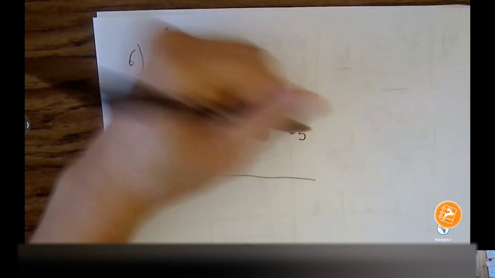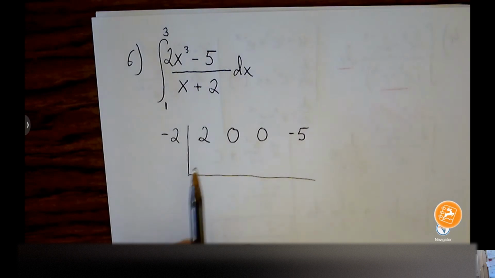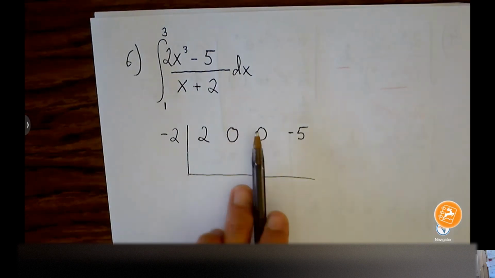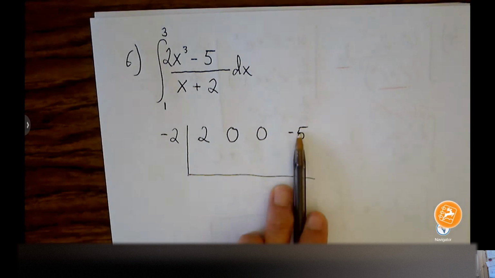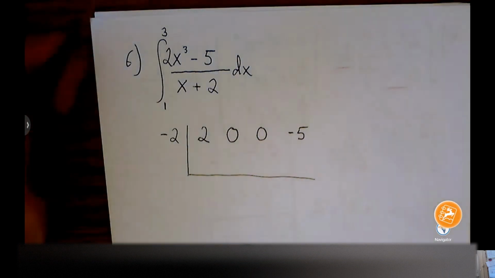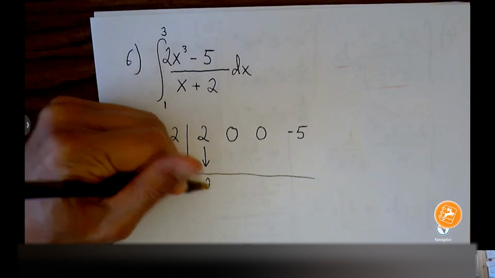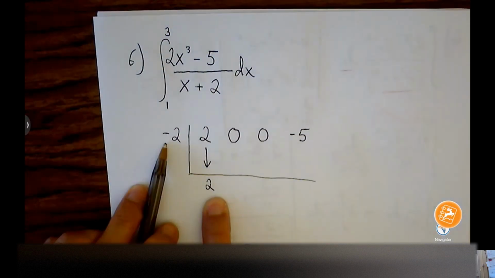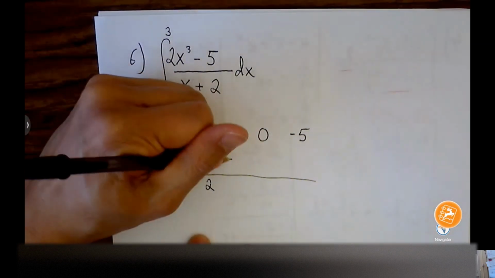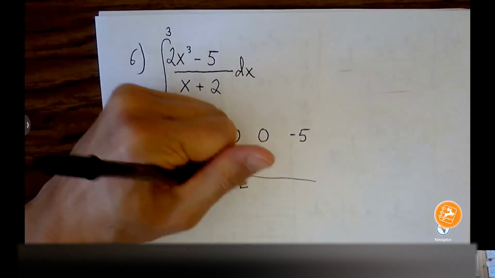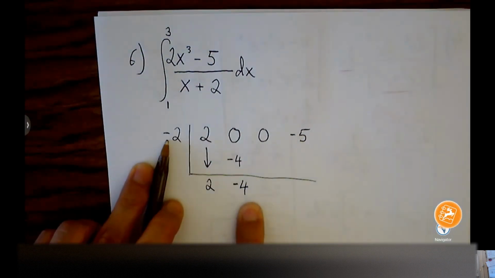Okay, so good. We have a placeholder for every degree that's represented: x cubed, x squared, x, and the constant. All right, we'll bring the first number down. Multiply with the outside. Bring that number down. Multiply with the outside.